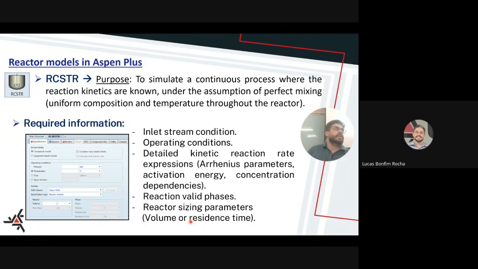So we must specify the inlet stream conditions, the operating conditions, and the detailed kinetic reaction rate expressions.